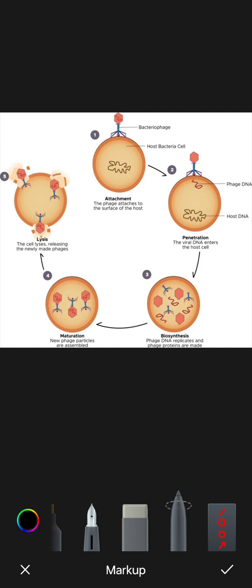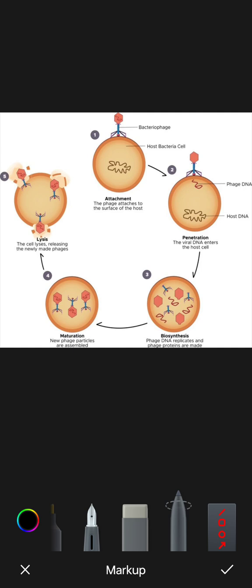The Lytic cycle is a cycle in which a bacteriophage causes the lysis of the cell and kills it. This cycle is also known as master and slave relationship. In this, master is the bacteriophage and slave is the bacteria.